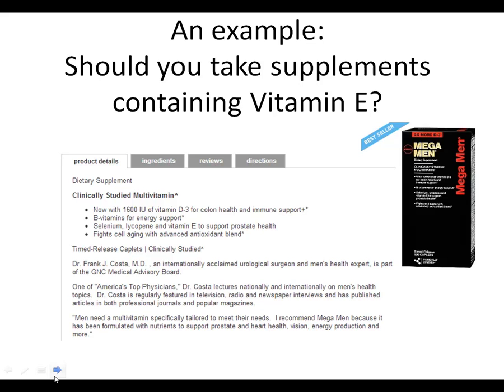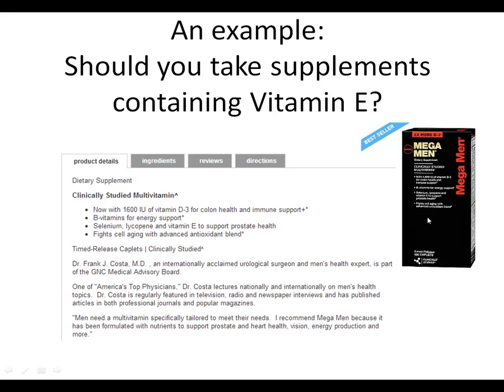And to do that, it really helps to have an example to work with. The example that I'm going to use, you're going to be using a different example for yourself to practice, is to answer the question of should you take supplements containing vitamin E. So here is a supplement.